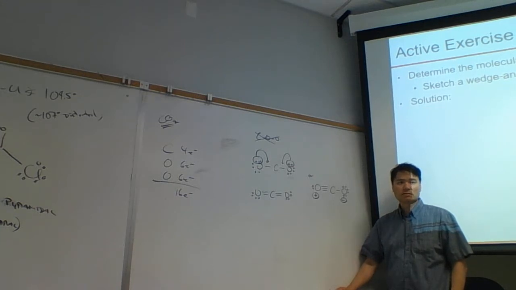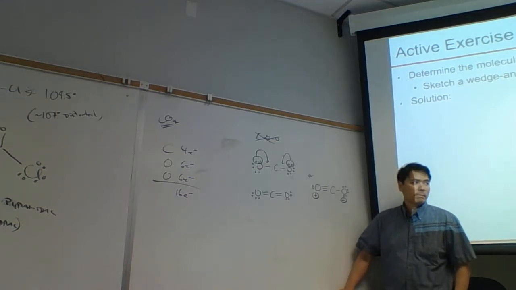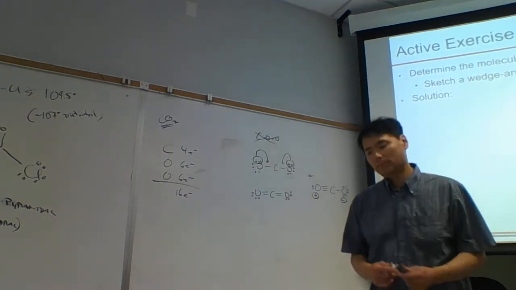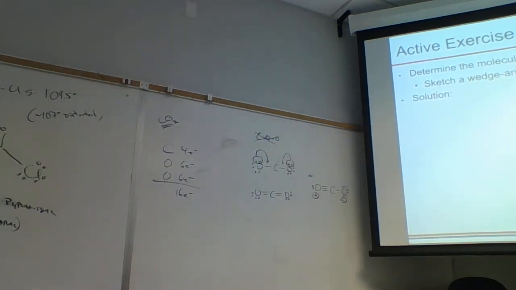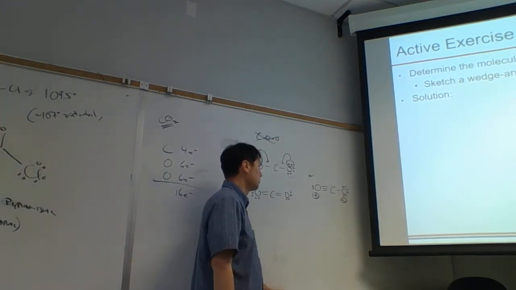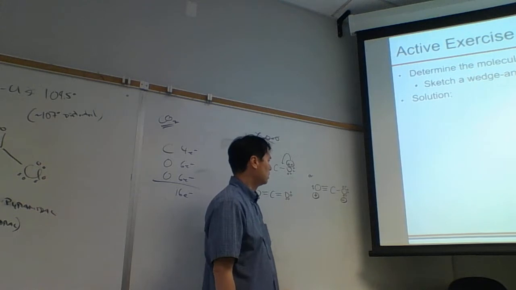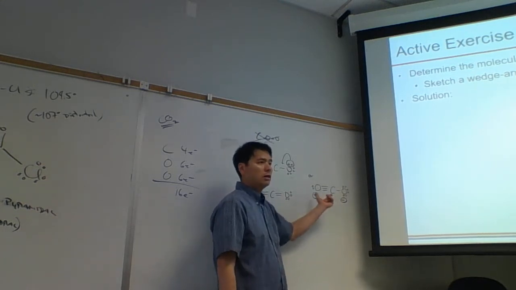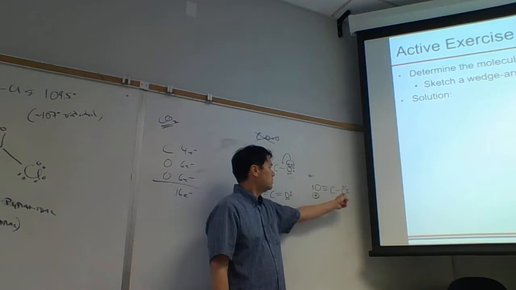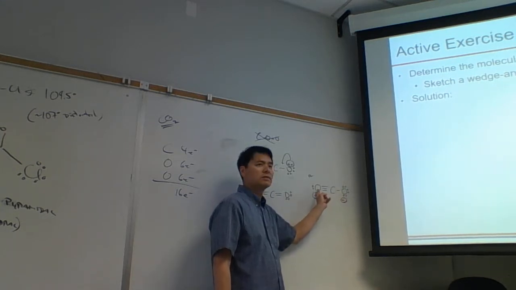Do you like this structure here? What do you think about this structure? I think this structure looks very bad. Why? Yeah, the formal charges. 1, there's formal charges. This one has no formal charges. 2, if there's a tug of war for an electron, is this oxygen going to pull an electron off this oxygen?